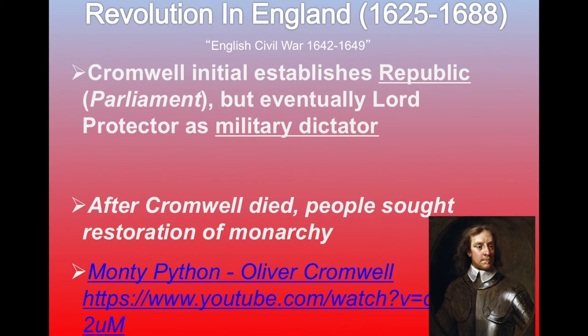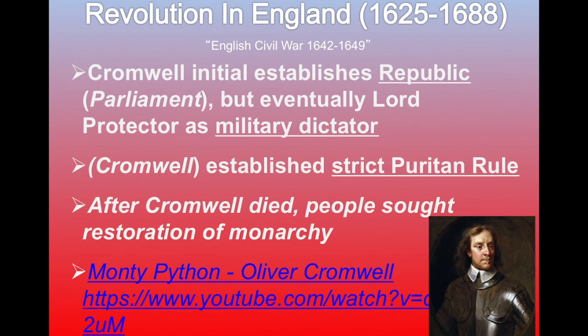And so, with Charles I's death and beheading, Cromwell now becomes the new absolute ruler. He established a strict Puritan rule, and so there's not going to be a freedom of religion, but the English society, English religion is going to be very strict Puritan. So after Cromwell would die, people sought to restore the monarchy.